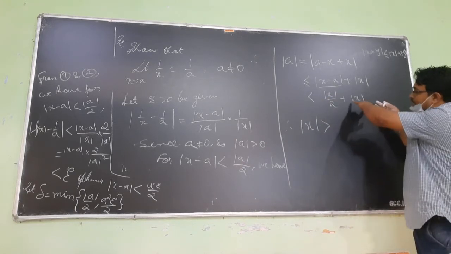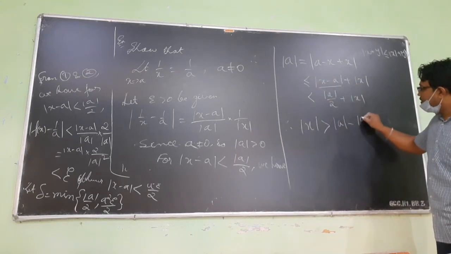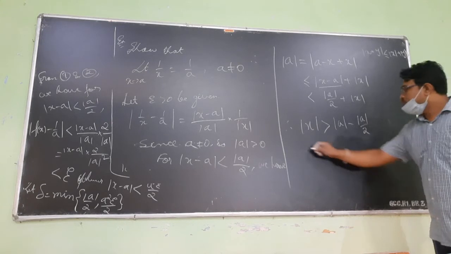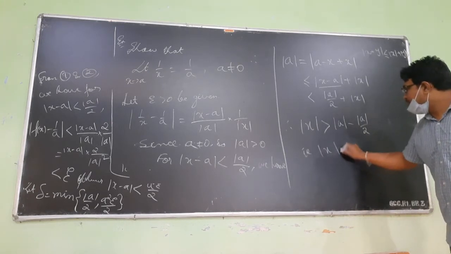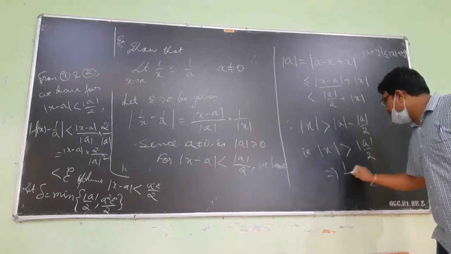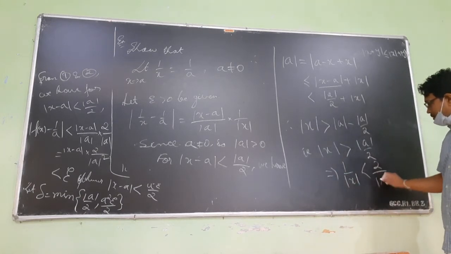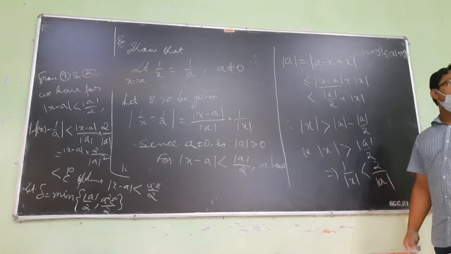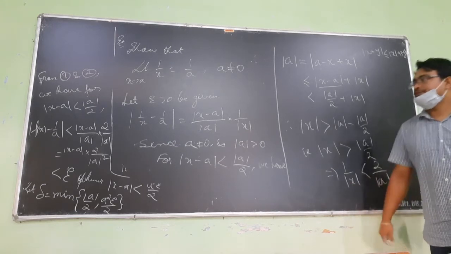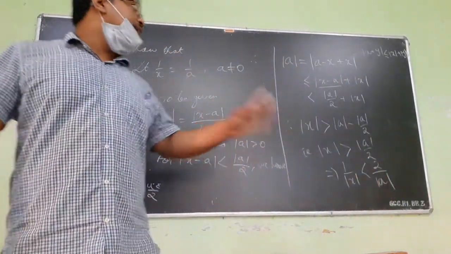So now change the sides. Mod x is strictly greater than mod a minus mod a by 2, that is, mod x is strictly greater than mod a by 2. So 1 by mod x will be less than 2 divided by mod a. This is just working with mod. We don't have to consider a positive and a negative separately.